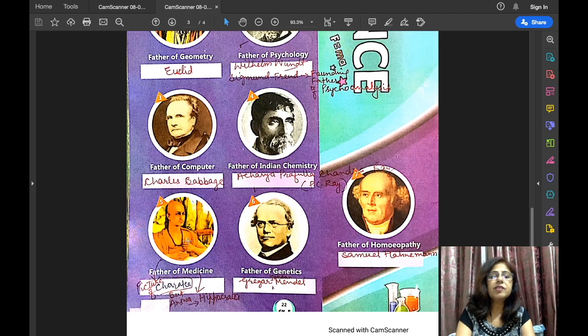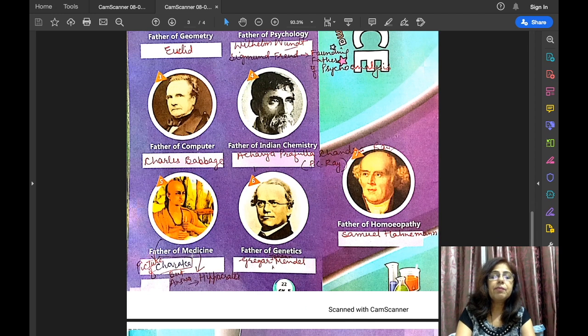Number 5 is the picture of the father of medicine. The father of medicine was Hippocrates, and the picture is of Charaka. So, who was the father of medicine? Hippocrates, but the picture here is of Charaka.